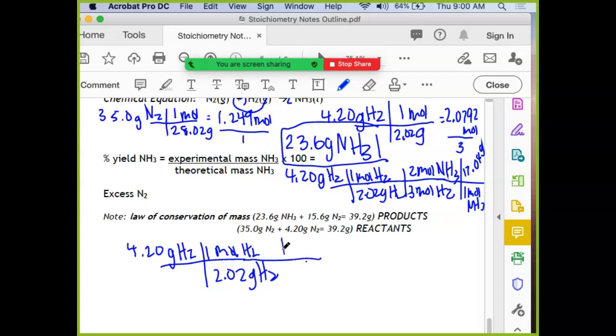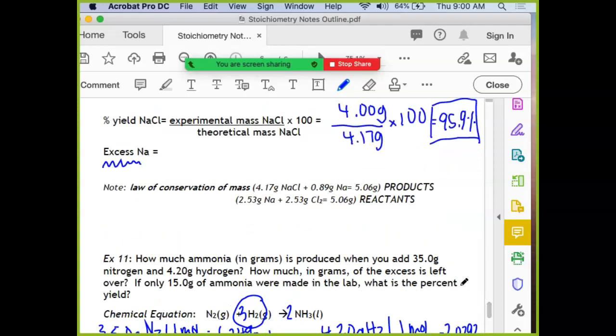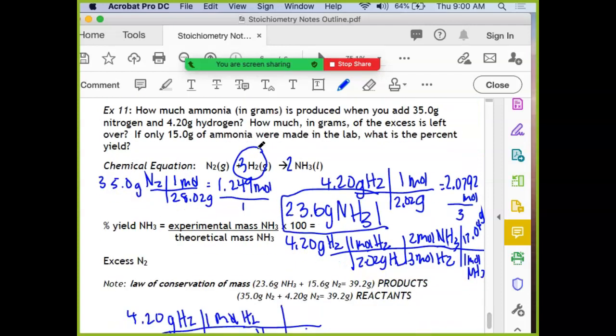Now, once we found the limiting reactant, we jumped over to the ammonia using mole to mole ratios to figure out how much we were going to make. Well, the same thing is true for the excess. You just jump from the hydrogen over to the excess now instead.